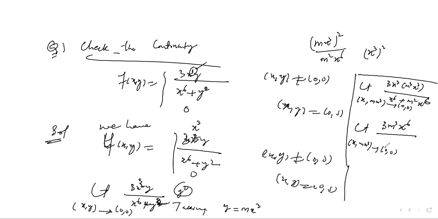Now denominator में क्या आएगा, कॉमन क्या निकलेगा? x raised to power 6.